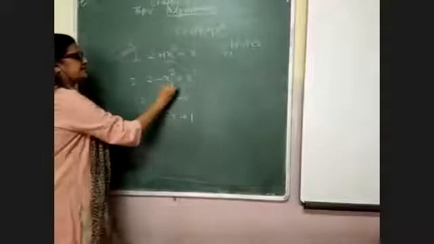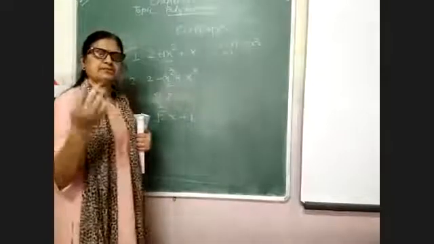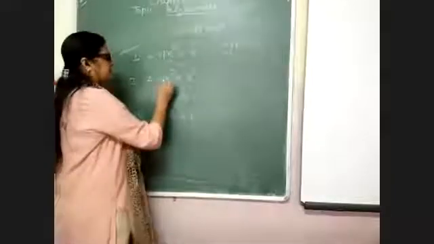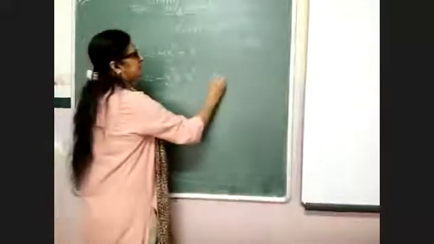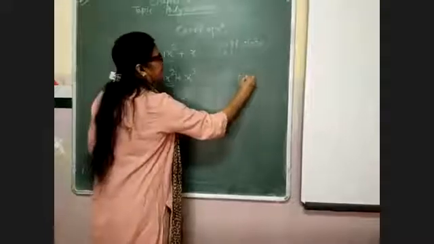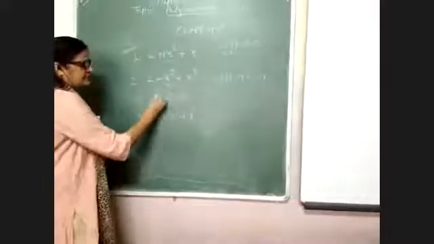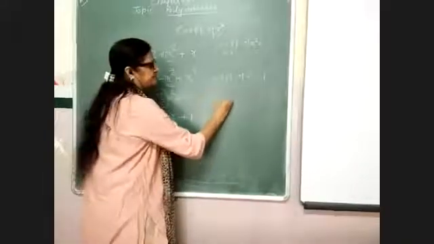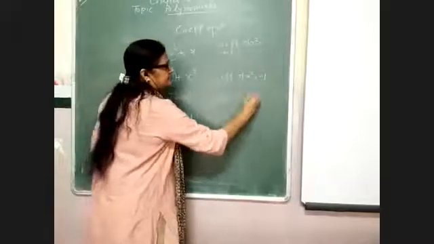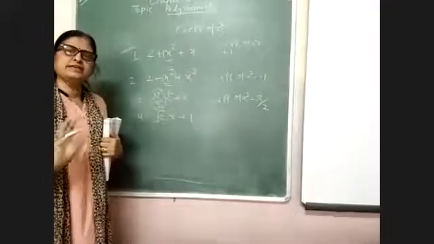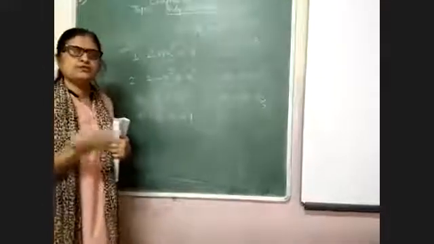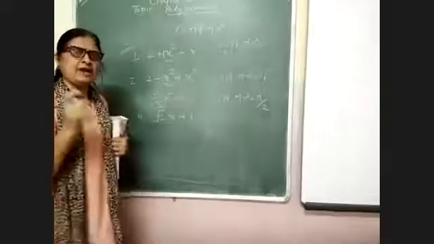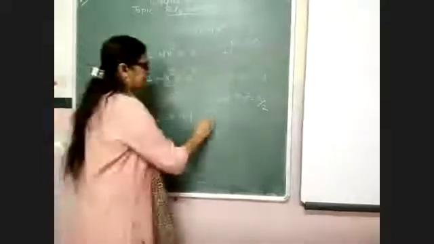And in this question, the coefficient of x square is -1. You have to see the symbols also, plus or minus, which are given. So here the coefficient of x square is -1. Okay, and in this question, the coefficient of x square is pi/2. And in the last question, x raised to the power 2 is not given. So the coefficient of x square is not given, power is not given, so you can write it 0.